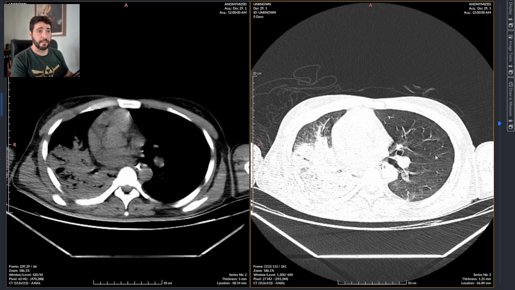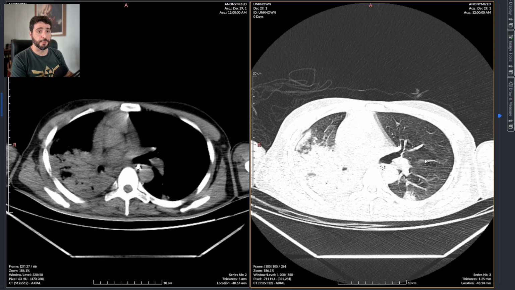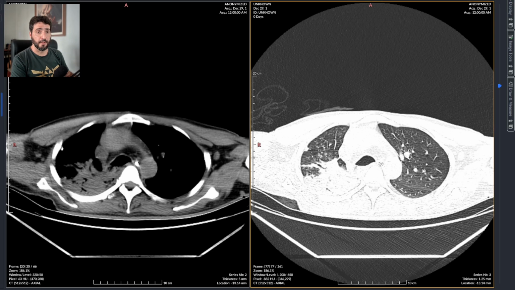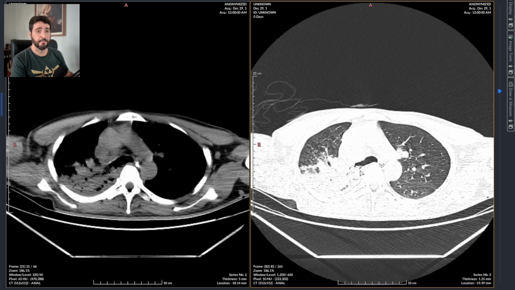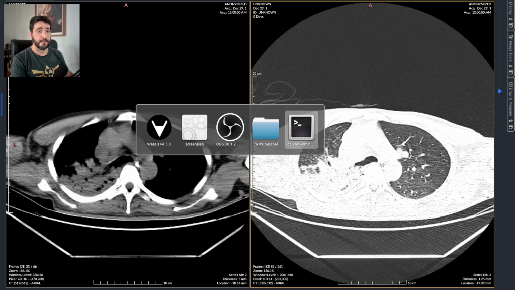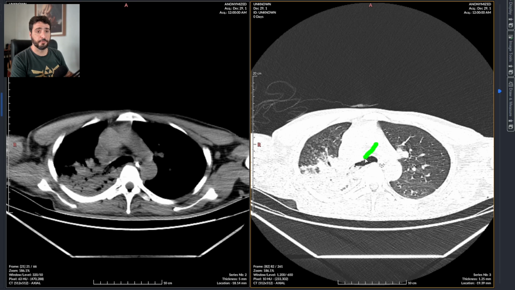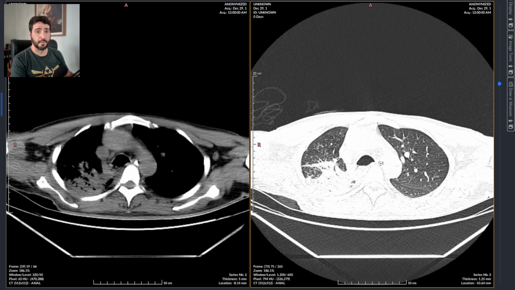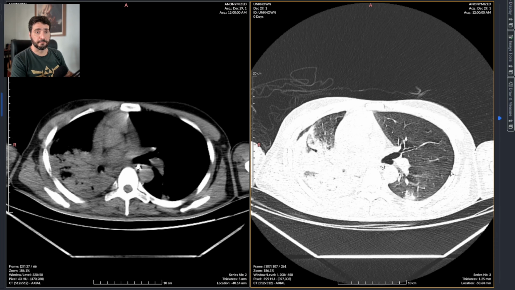And I can readily see, and I will show you, there is food residue right here. There is food residue right here occupying the airways. Let's compare to the left side airway so that you can see.